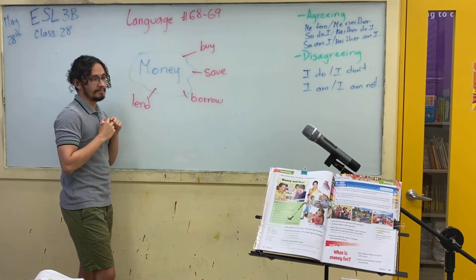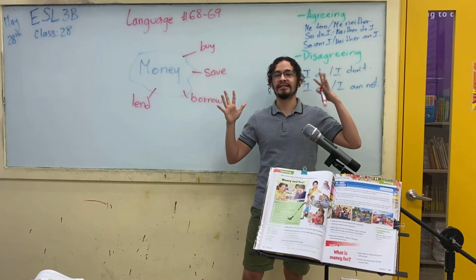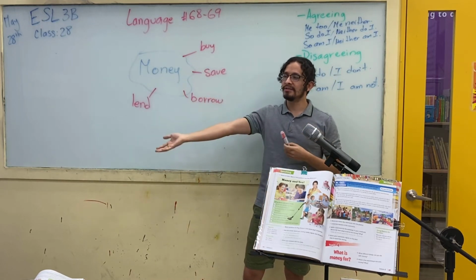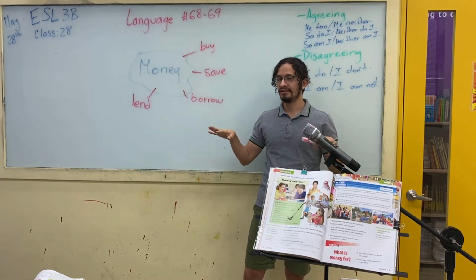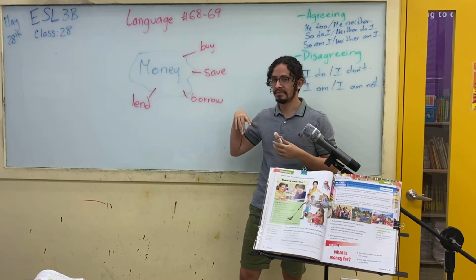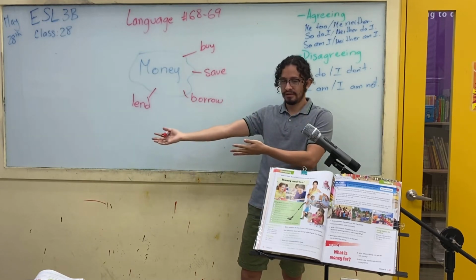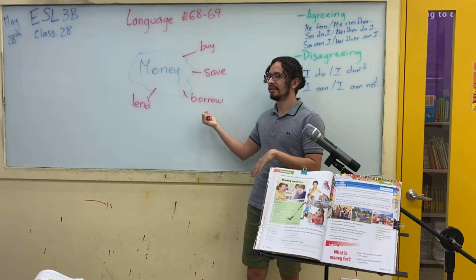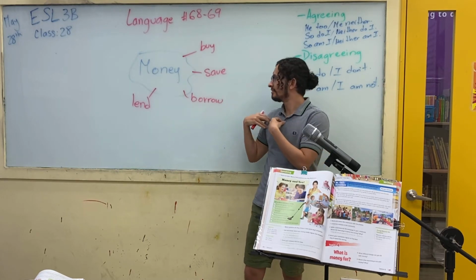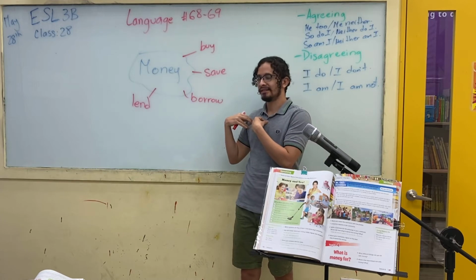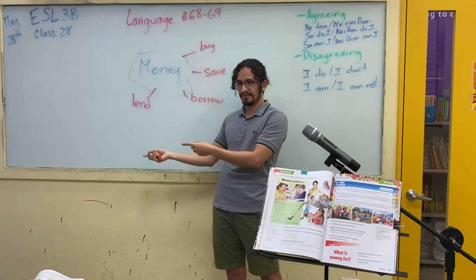So, for example, I have 10,000 NTs. I can lend you maybe 2,000. So I still have 8,000. I'm okay. You get 2,000 and you can use that money. That's lending. That's me giving to you. But borrowing is me taking the money from you. So when you go to a bank, you borrow money and the bank is lending you the money.